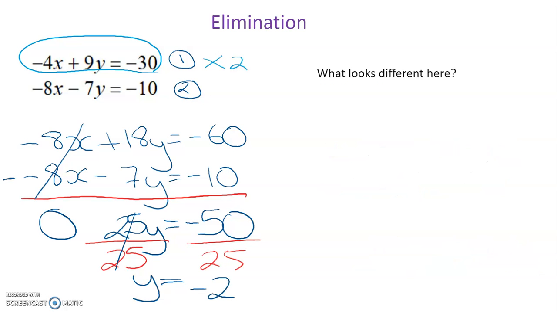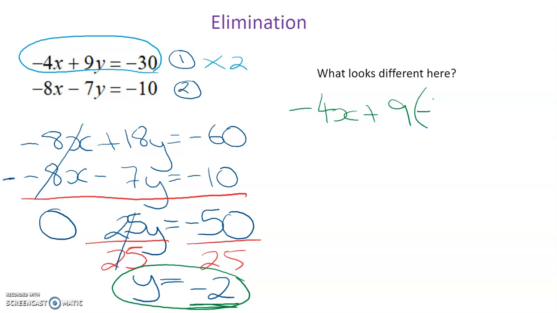But that's not finished. We've got y, but we need to know what x is as well. Once we have y, we substitute this y value into either of our equations. It doesn't matter which one. I'm going to use the first one. The first one says -4x plus 9y, and instead of y, I'm going to put -2 because that's what y equals, equals -30.